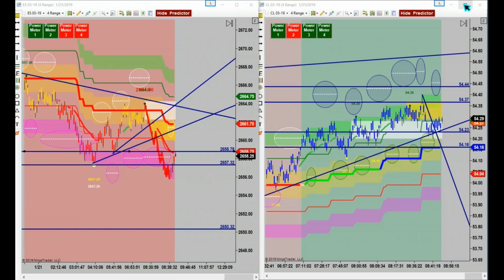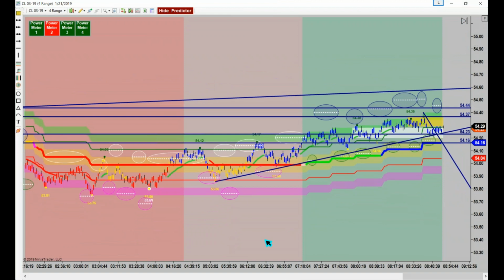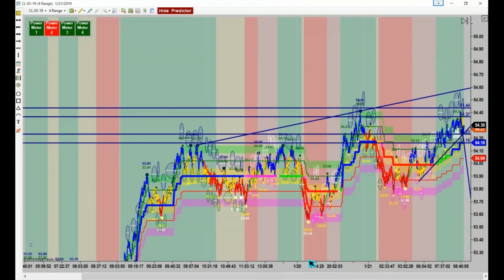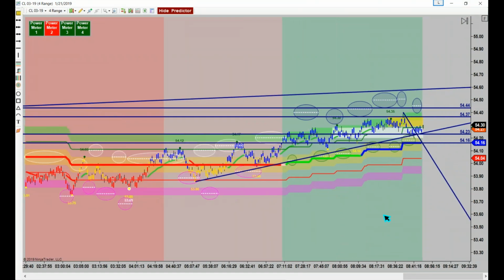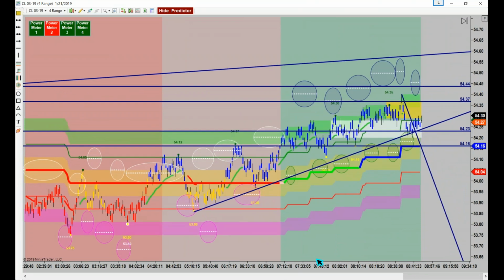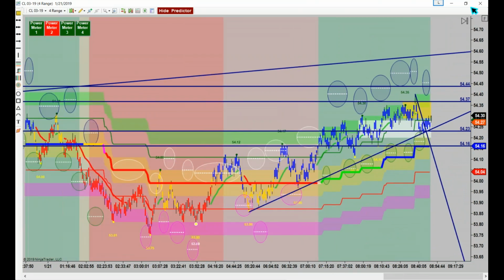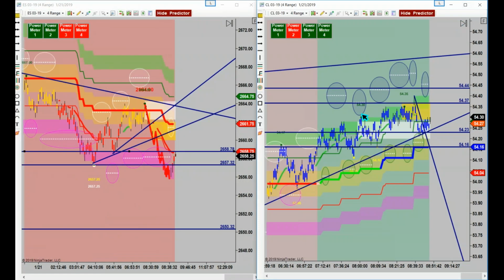By the way, the ultimate target on crude oil is up here at this 41, if we can finally get there. Looks like it's gonna.